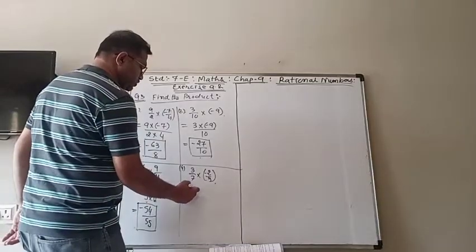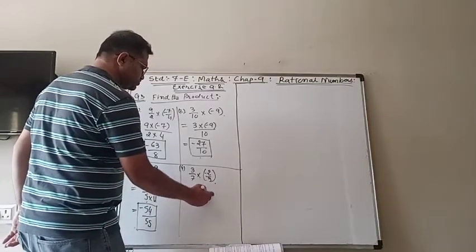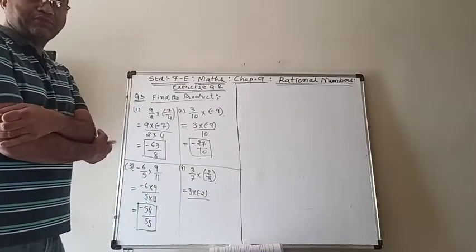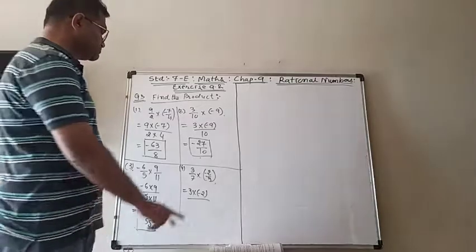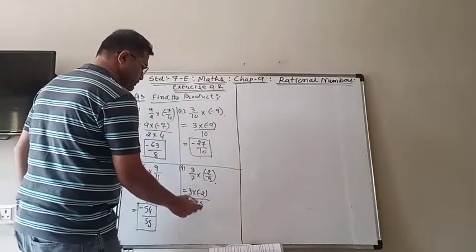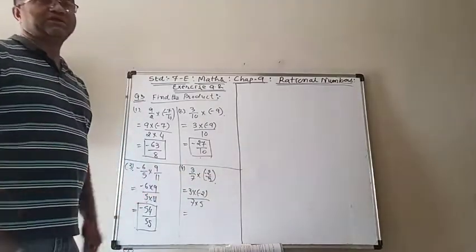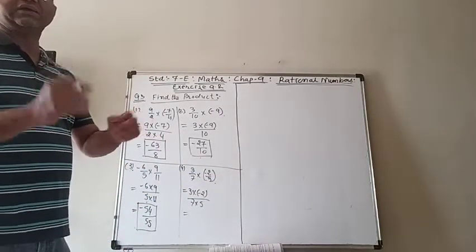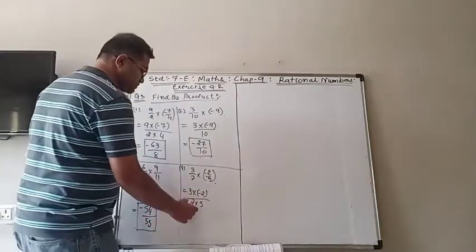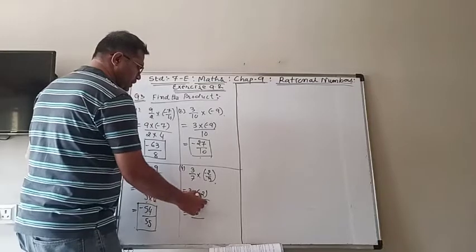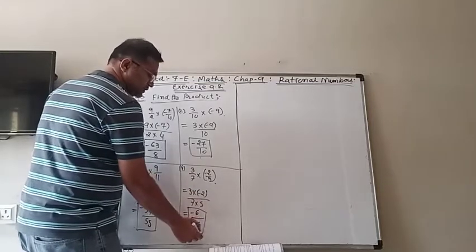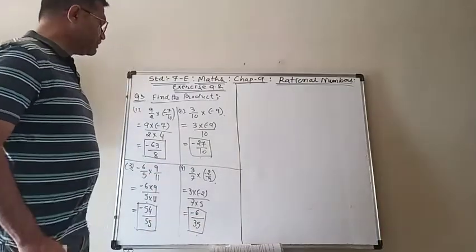So the numerators 3 and minus 2 are multiplied in the numerator of the product, and 7 multiplied by 5, means those both denominators are multiplied in the denominator. So now 3 twos are minus 6 upon 7 fives are 35. That is your final answer.